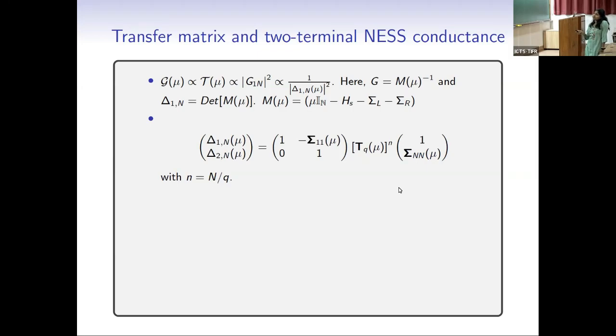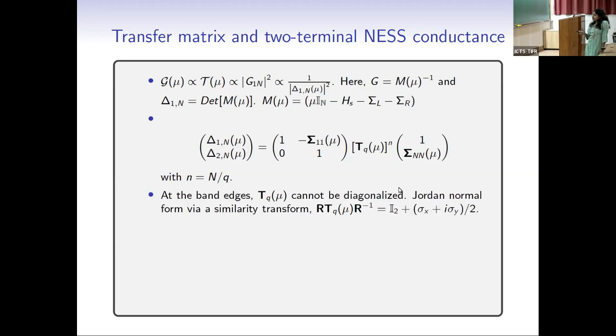If you want to calculate this determinant, this TQ to the power n, the transfer matrix to the power n, will appear here, where n is the number of unit cells in your lattice. At the band edges, this transfer matrix is not diagonalizable, so you can bring it to a Jordan normal form via a similarity transformation, and it will take this form.